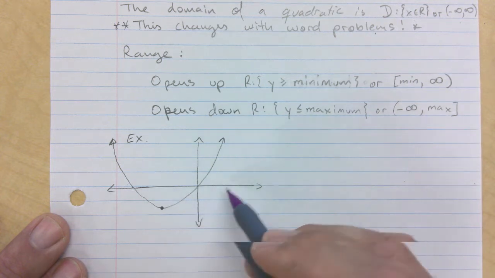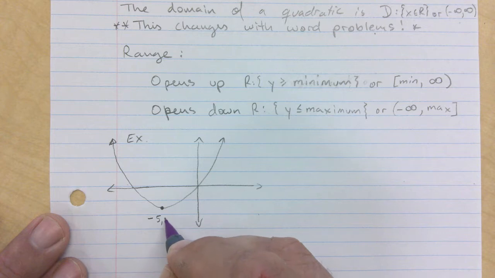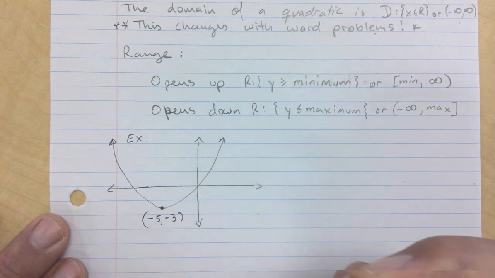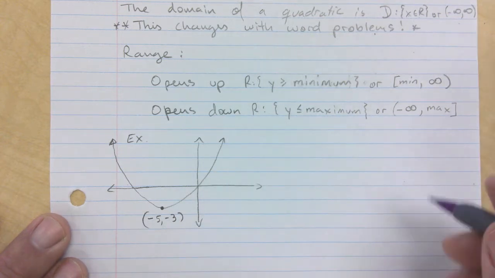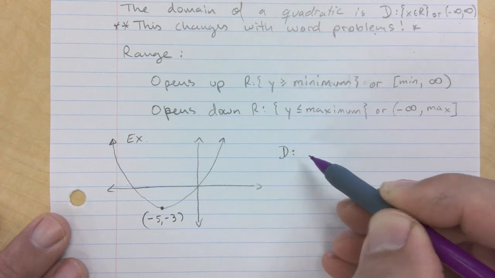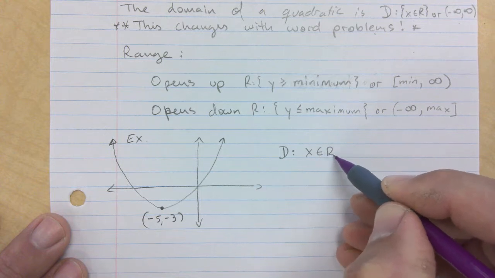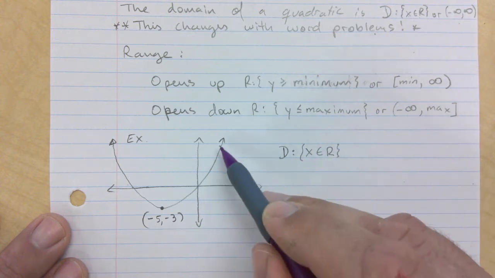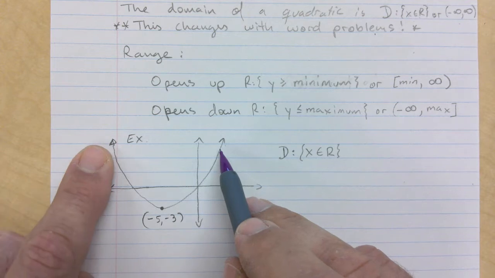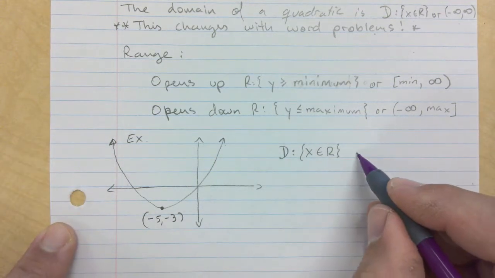Okay, so let's say that's your curve, and this is -5, -3. My domain in this case is just x belongs to all real numbers, because the arrowheads indicate that this keeps on expanding to the negative x values and positive x values, it never stops.